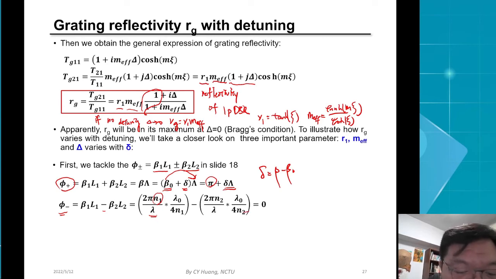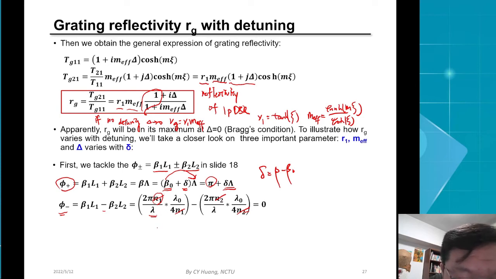After eliminating the common terms, it is pi lambda 0 divided by lambda, divided by 2.